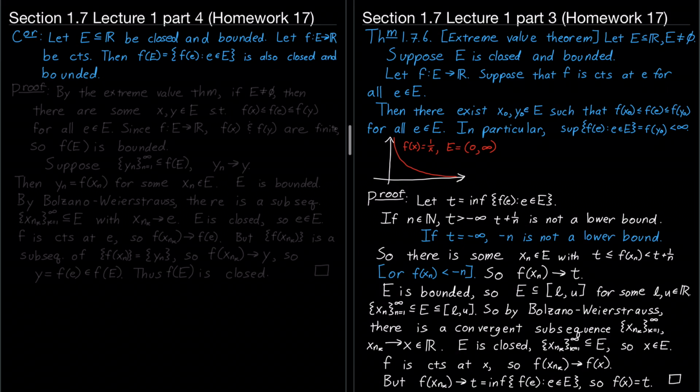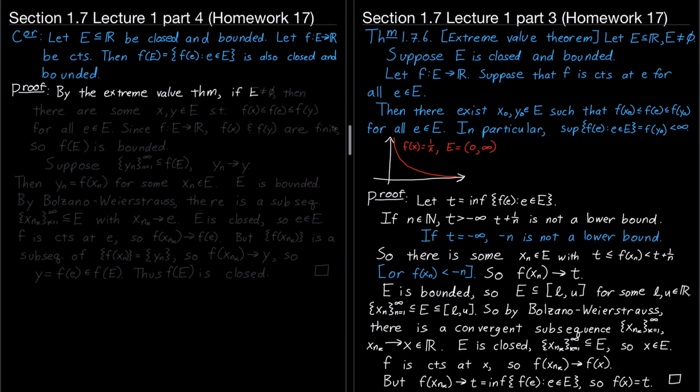And the proof of this is pretty straightforward. That is why it is a corollary. So by the extreme value theorem, all right, if E is empty, then obviously f of E is also the empty set, so that's closed and bounded.